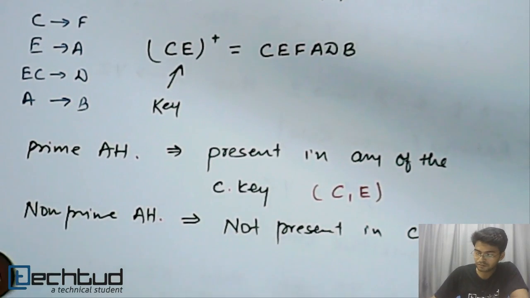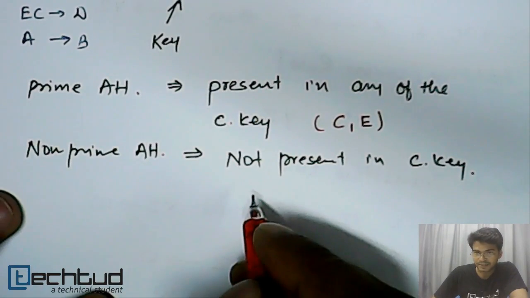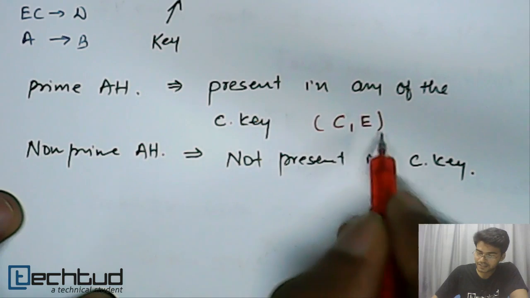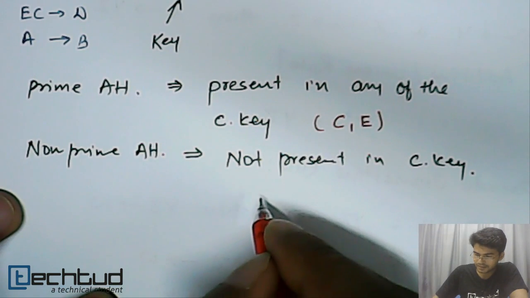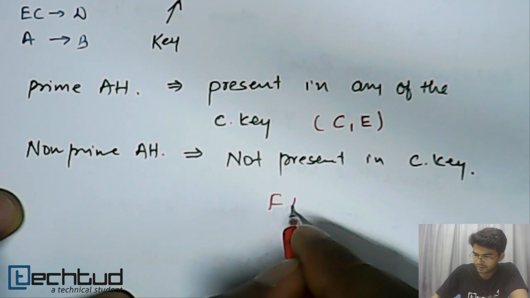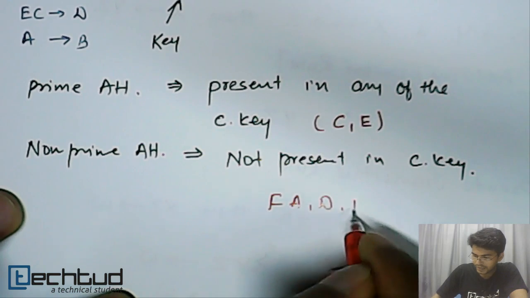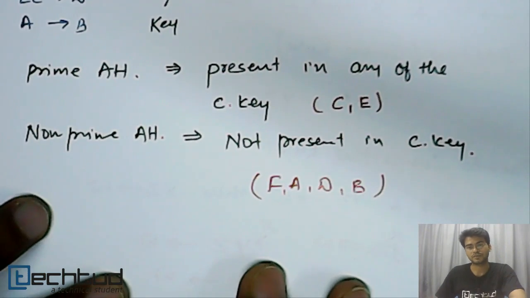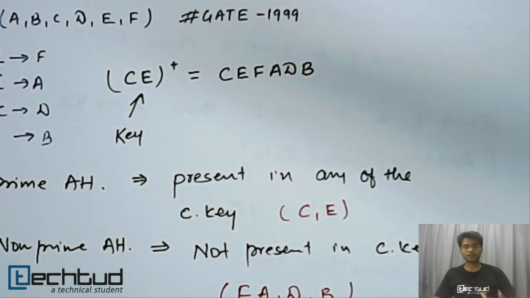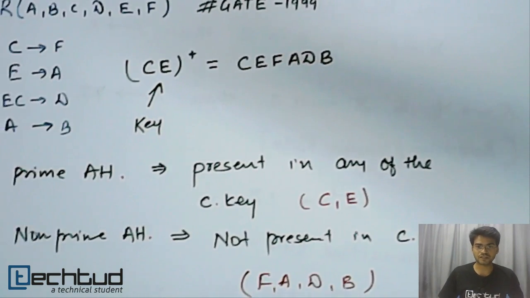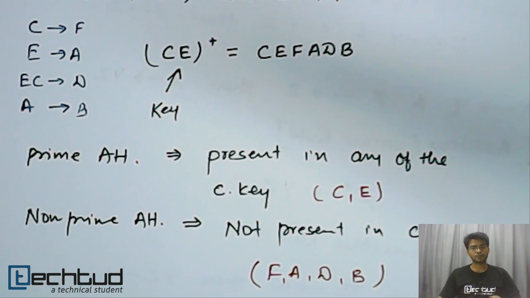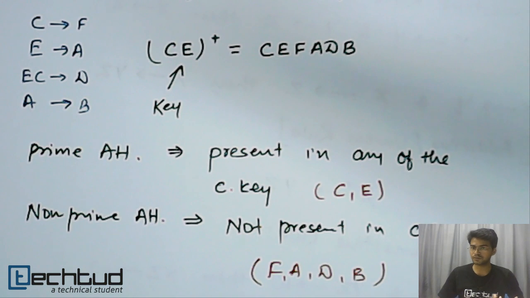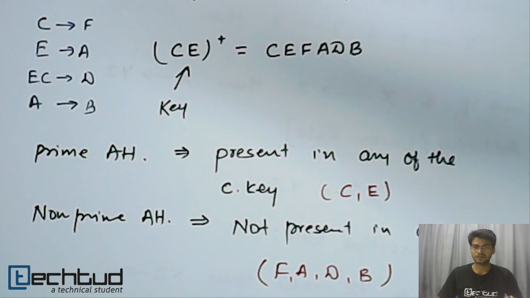So CE will be the prime attributes, and except for CE, all the attributes, that is F, A, D and B, will be non-prime attributes. So the prime attribute is an attribute which is present in any of the candidate keys, while a non-prime attribute is an attribute which is not present in the primary key or the candidate key.